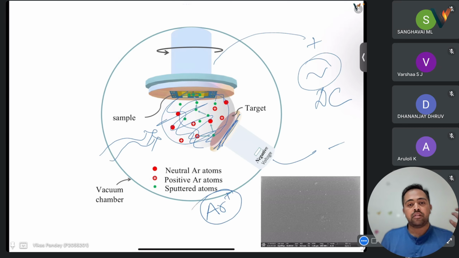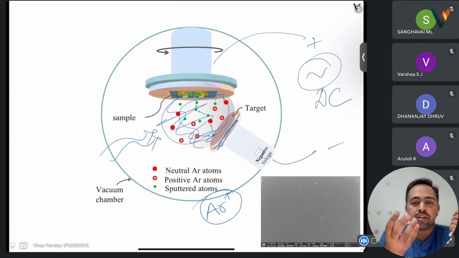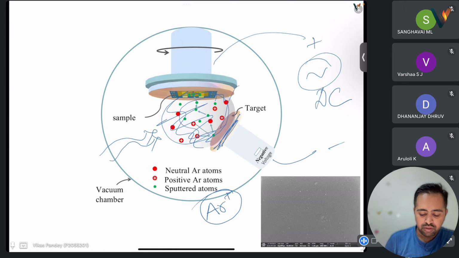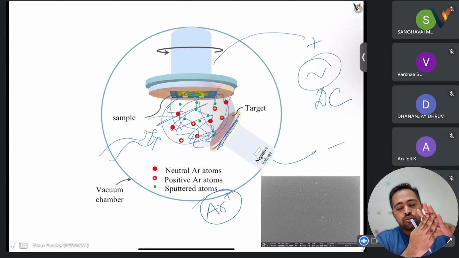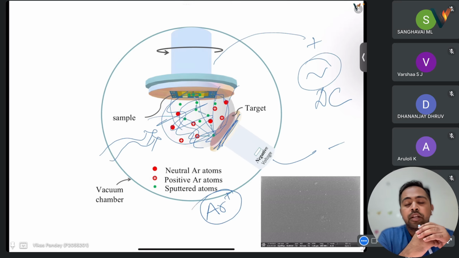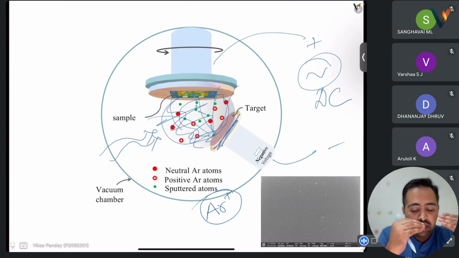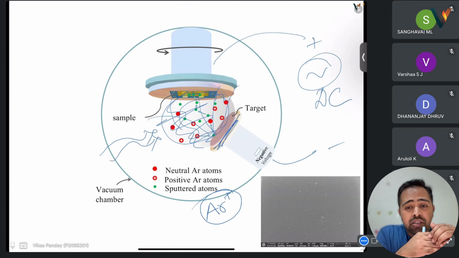When it hits, it creates an effect very similar to throwing a stone in mud, and something gets sputtered. Molecules get sputtered here and there, and we keep the substrate very close to the target, as well as moving it for uniformity, and then this gets deposited. In this case, no heating is required and no chemical processes are involved.